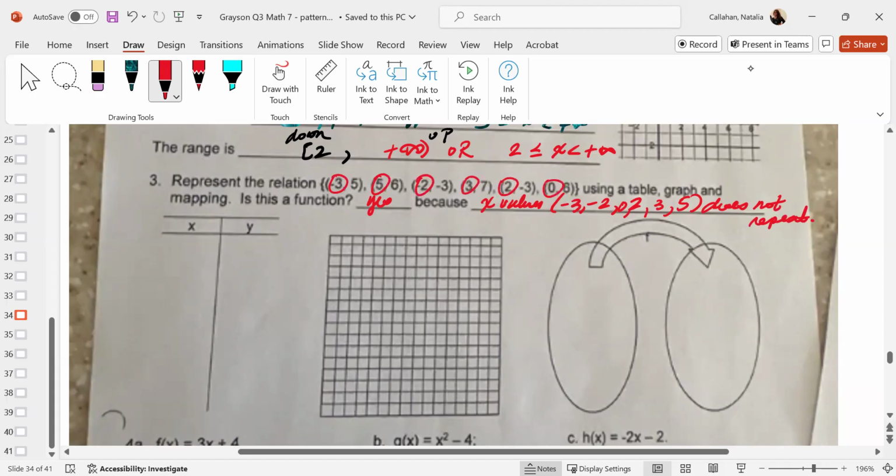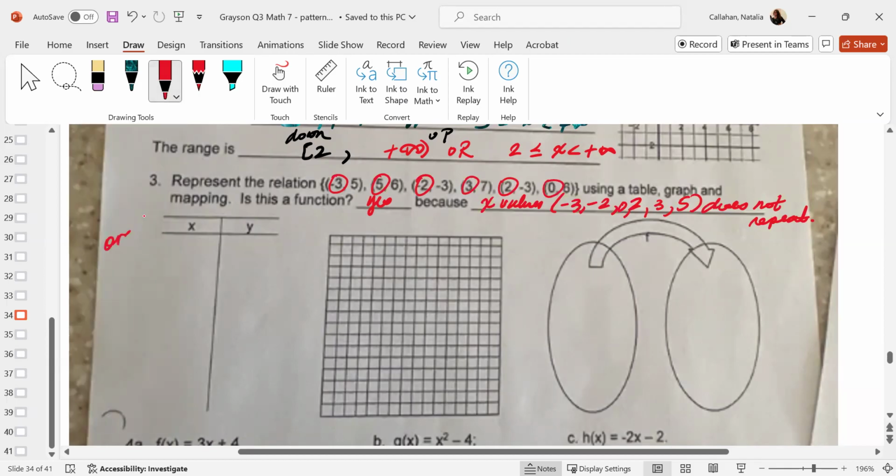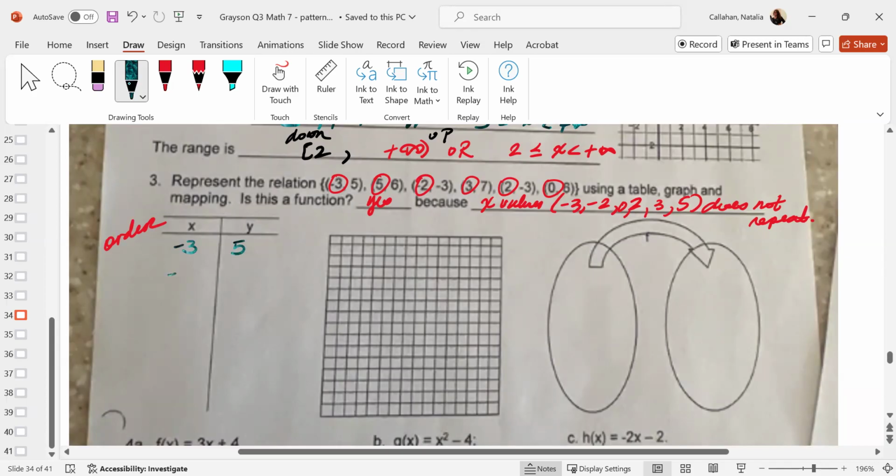So to do this right here, you just take the coordinates and put them in order. Make sure you put them in order, yes? So, smallest x value is -3, and then 5, correct? For y, what's the next one? -2 and 3. Good, -2, keep going.